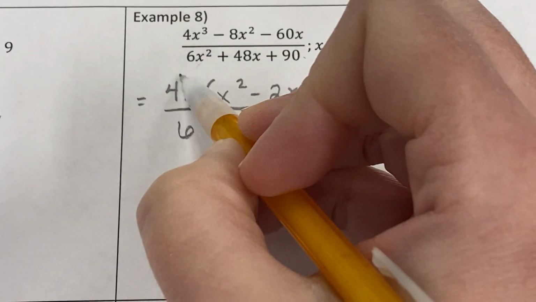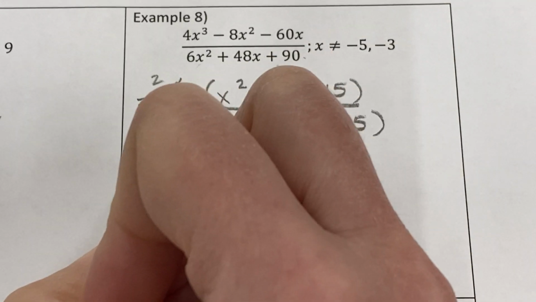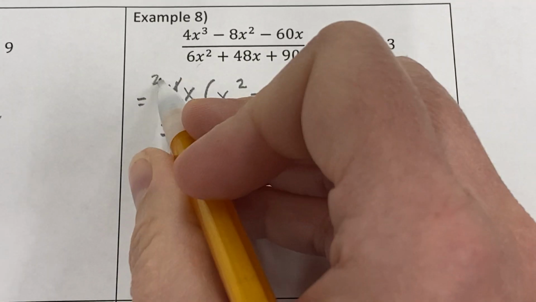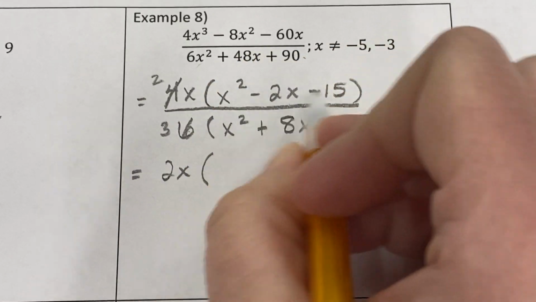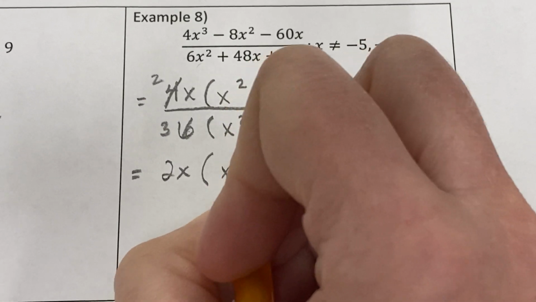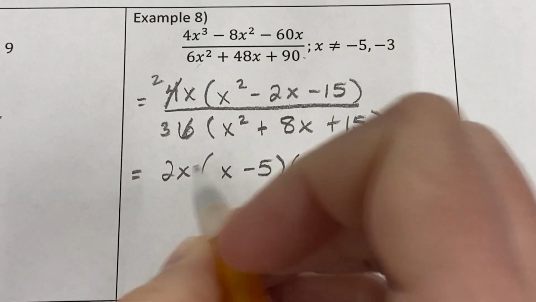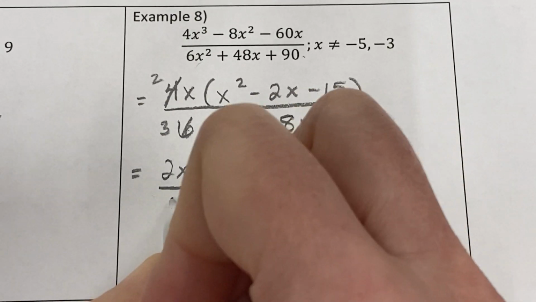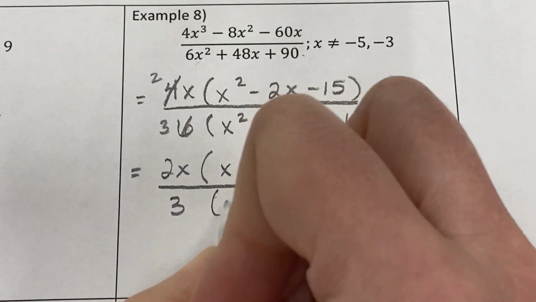Okay, I'm going to reduce this 4 and the 6 right away. 4 over 6 is 2/3. So now I have that 2x, and then here this factors to x minus 5 and x plus 3. In the denominator, I still have that 3, and then this will factor to x plus 5, x plus 3.